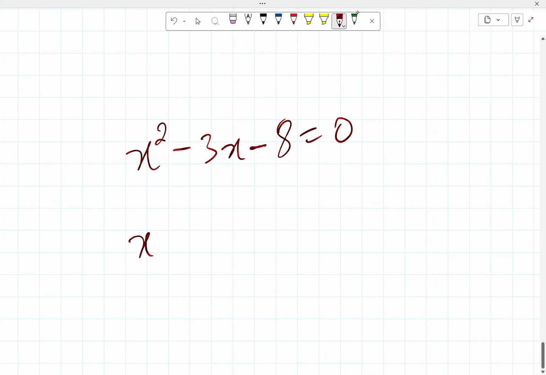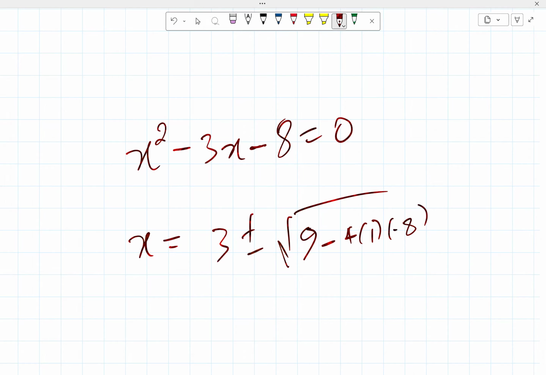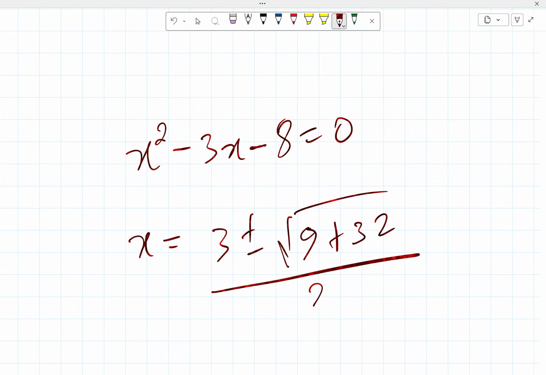I'll just go straight. I know x is equal to minus b, and b is minus 3, so that's plus 3, plus or minus the square root of b squared, that's minus 3 squared, that's 9, minus 4 times 1 times minus 8. That's plus 32 right there, all over 2 times 1, that's 2.